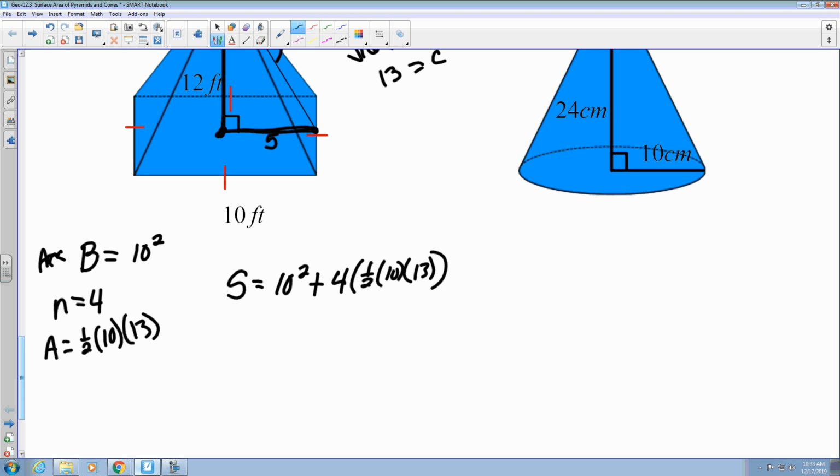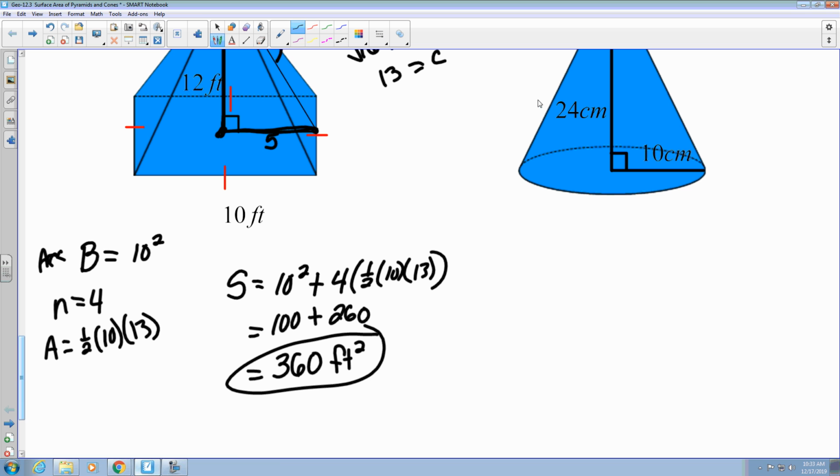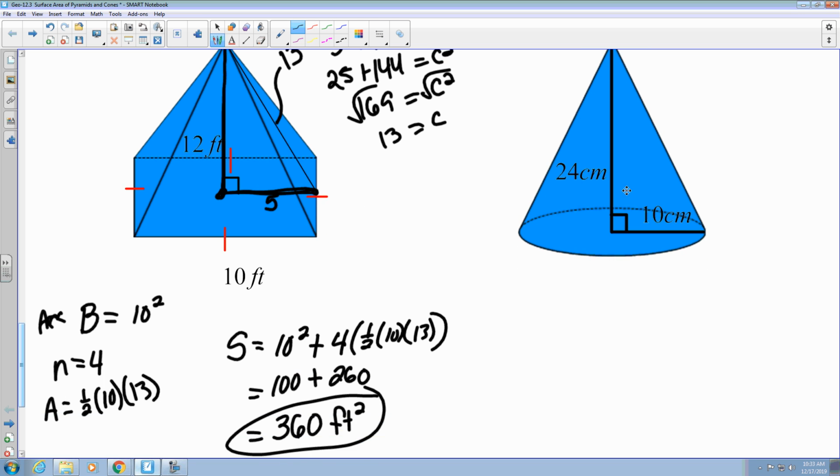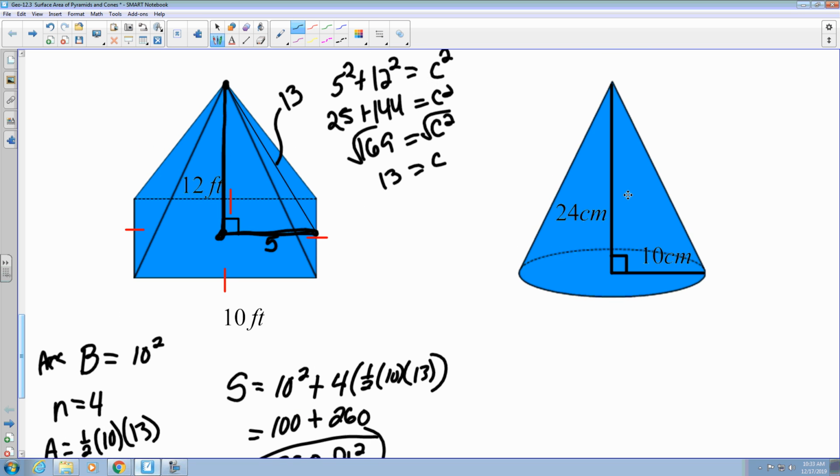So I got 100 plus, 13 times 10 times 1/2 times 4, I get 260. So this gives me 360 square feet.